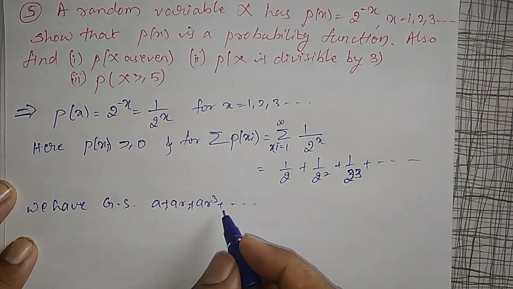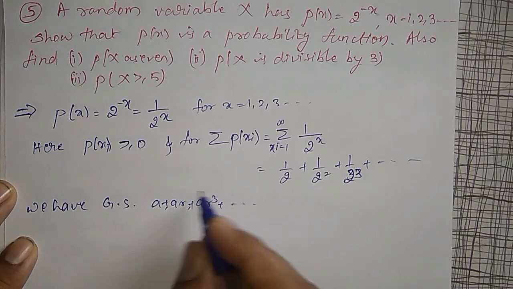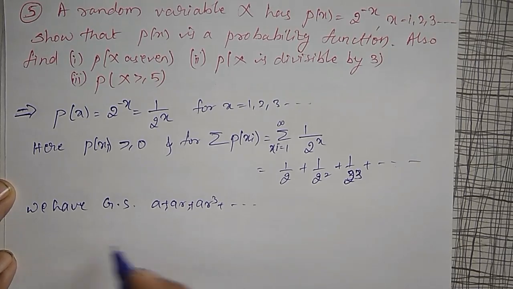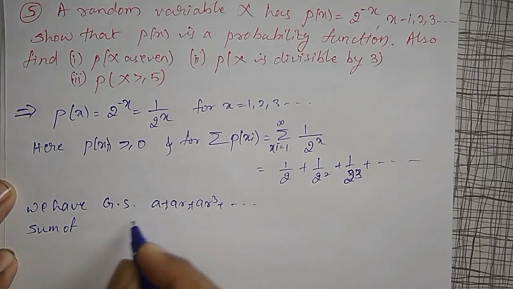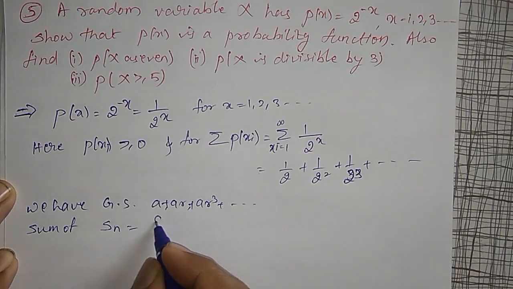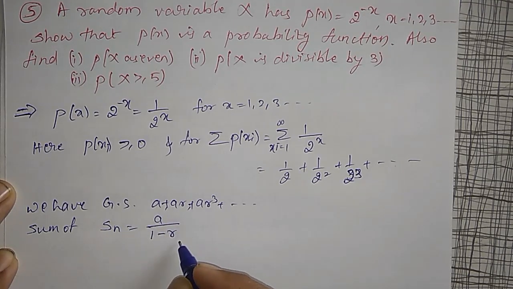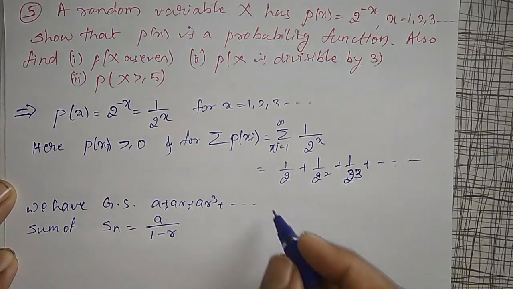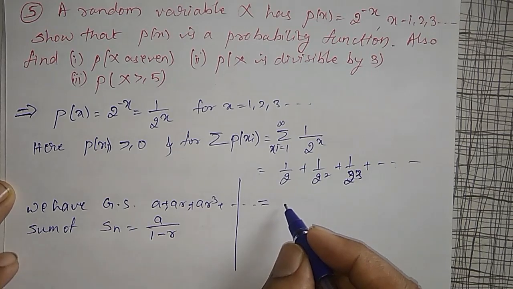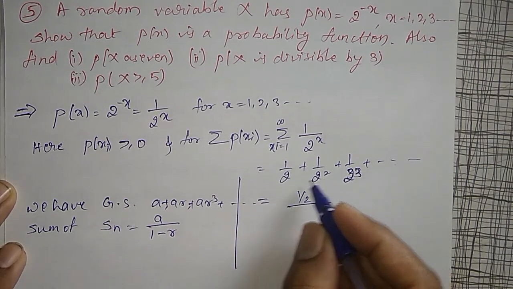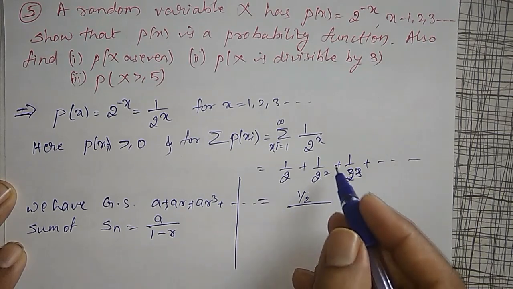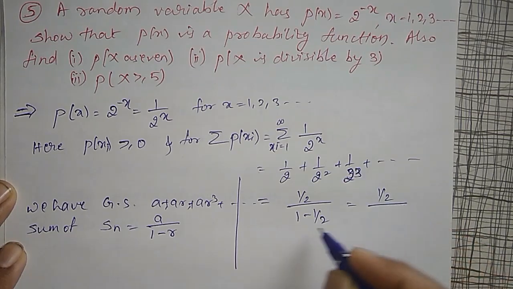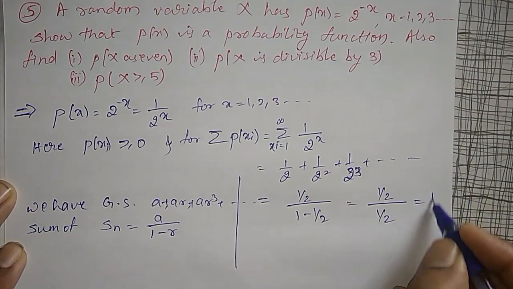If it is a geometric series, then the sum of all the terms is given by S is equal to a divided by 1 minus r, where r is the common ratio and a is the first term. Here a is 1 by 2 and the common ratio is also 1 by 2, so the sum is 1 by 2 divided by 1 minus 1 by 2, which is equal to 1.